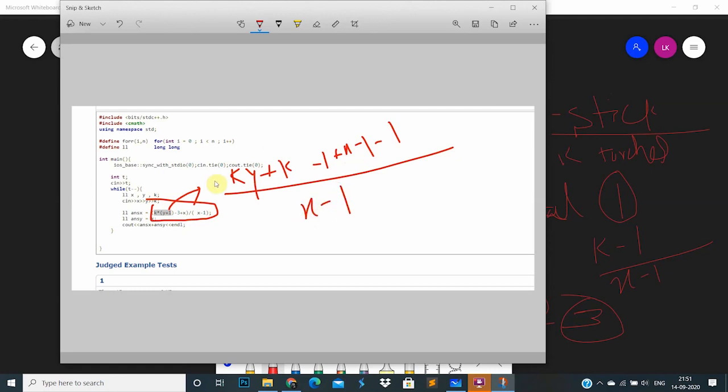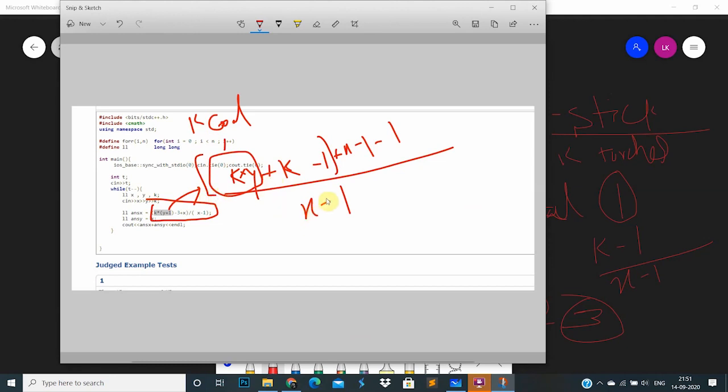This is the answer. k into y sticks are required for making k coal, and we need k sticks for the torches, and one we have initially, plus x minus 1 minus 1. You can understand up to here, so this will be required.